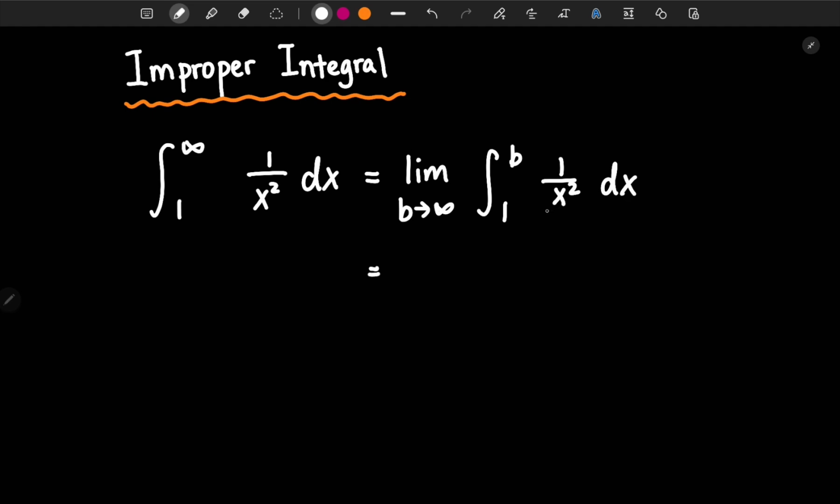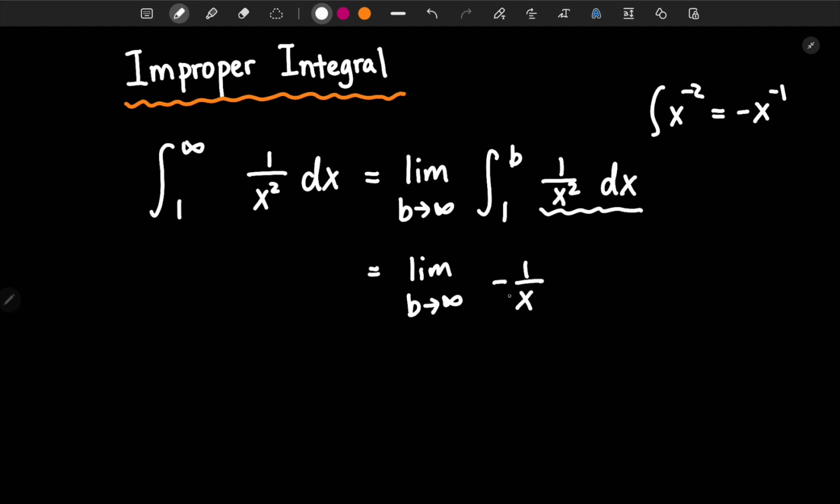And let's take the antiderivative of this part. We would get the limit as b goes to infinity. So here we have x to the negative second power, whose antiderivative is going to be negative x to the negative 1, which gives us negative 1 over x.